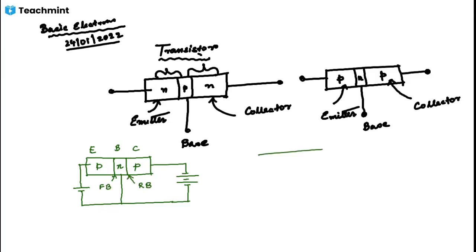So for the NPN, this is N, this is P, this is N. So this will be forward biased. The negative terminal will be connected with the N side, the emitter side, because this is an NPN transistor, and here the positive terminal will be connected.